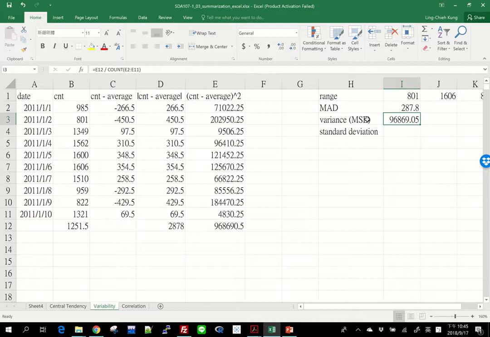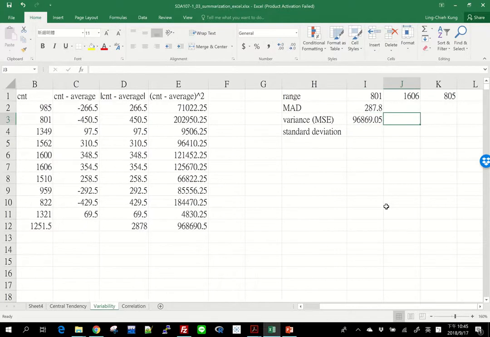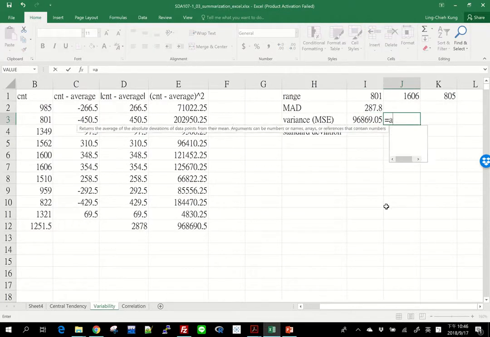And if this is the MSE or the variance, we should not need to do all the calculations by ourselves every day, because variance is so frequently used. So it's good that in Excel we have functions called VAR, stand for variance. Here we have var.p and var.s. These two are indeed different.